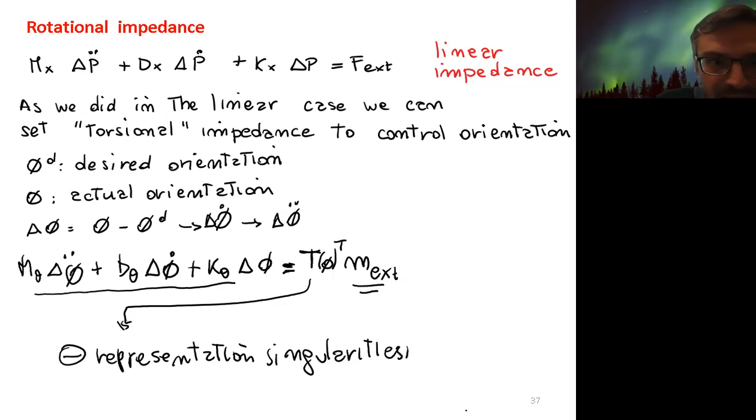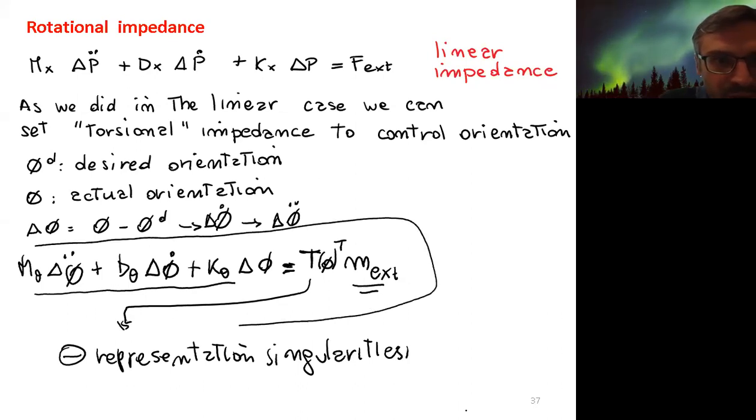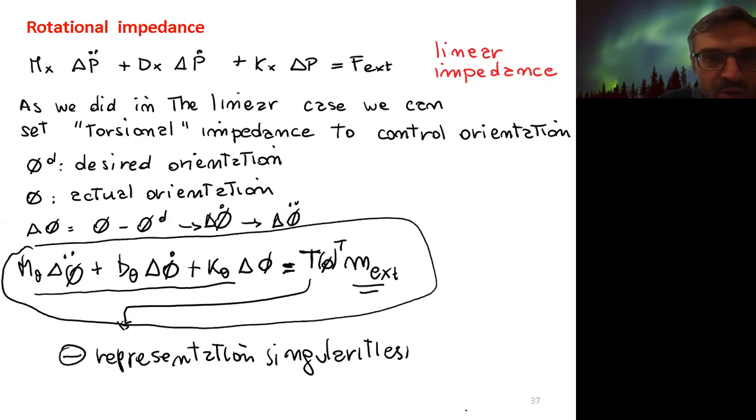So in essence, instead of using the equation from before to define the impedance behavior in the linear case, you use this equation to define the desired behavior in the torsional case, and you use the previous law, and that's it.